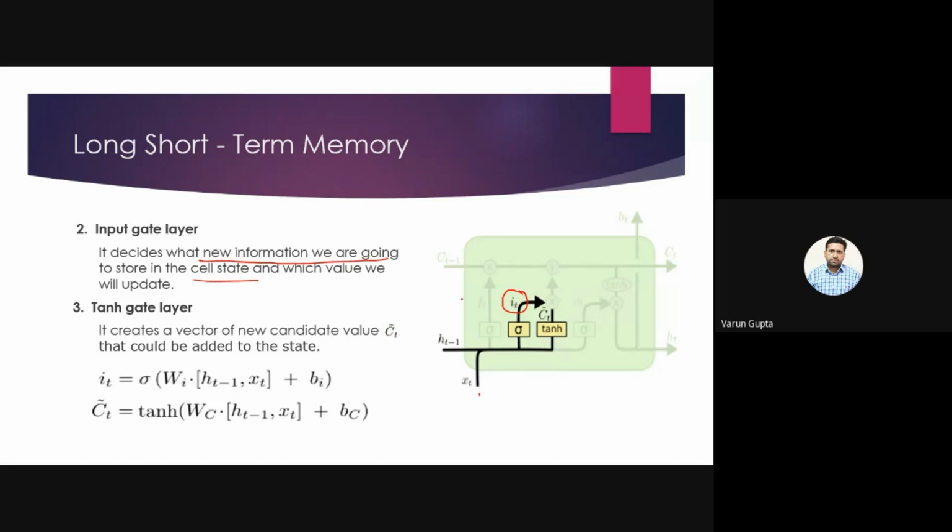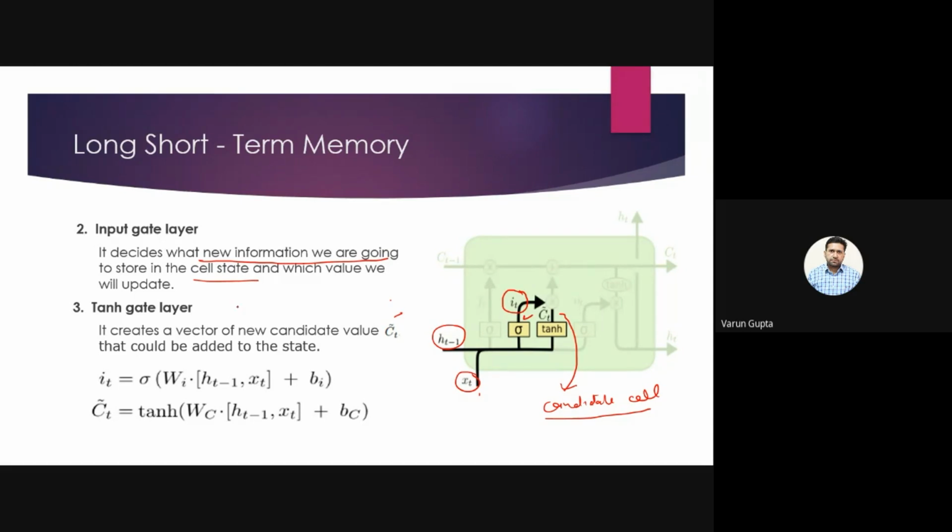And there is another gate, the candidate cell state. It decides how much new cell state we take from this input and the previous hidden state.